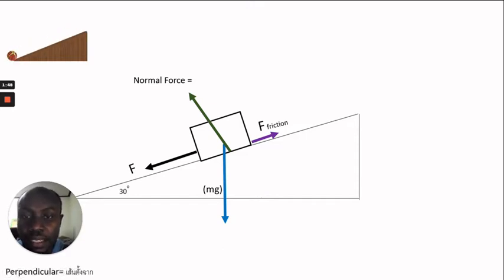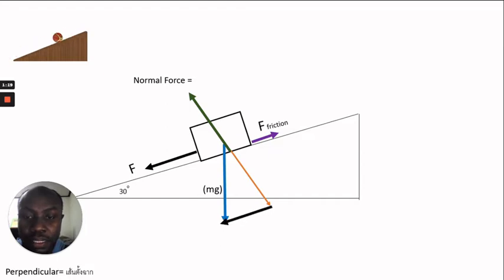You can see here the weight, mg, is not opposite to the normal force, so we cannot say that the normal force is equal to mg. But if we could draw a force over here, we could say that this force, the orange one, is equal to the normal force. And in math, we can do that.